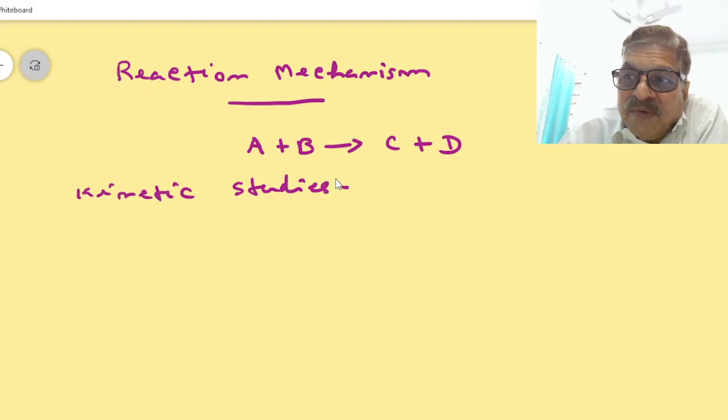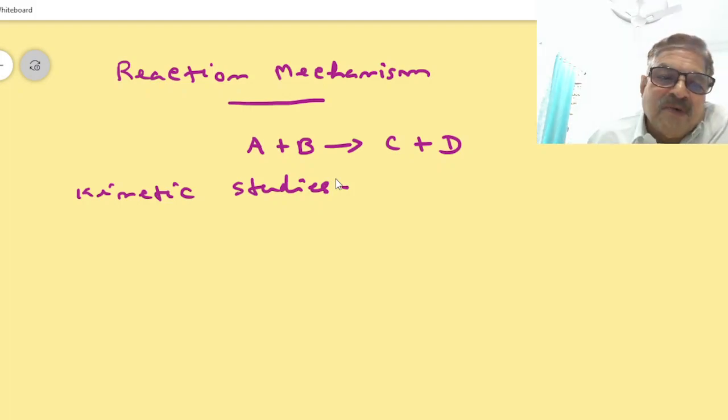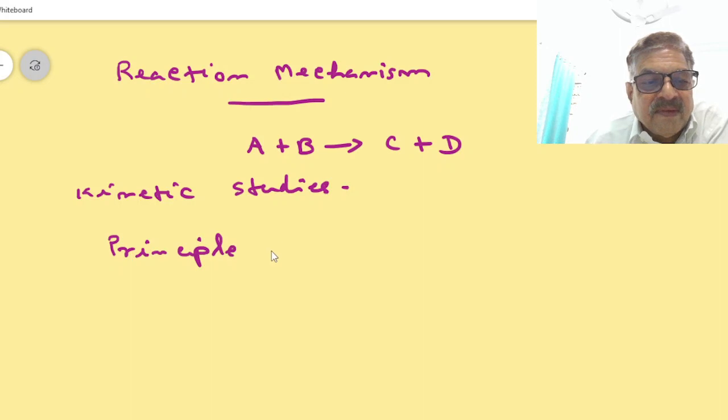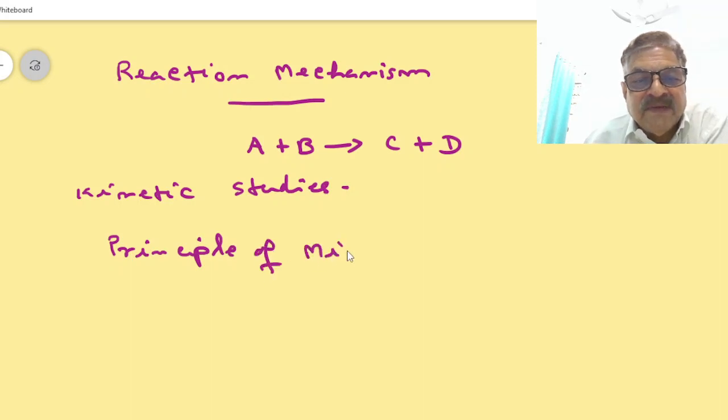One point of interest here is that there is something called the principle of microscopic reversibility. It's a very interesting word.